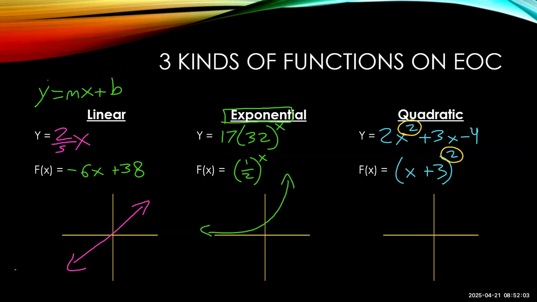Its shape looks like this. We actually have a name for that shape. Does anybody know what the name of that shape is called? That little U shape. Starts with a P. Ooh, I messed up.